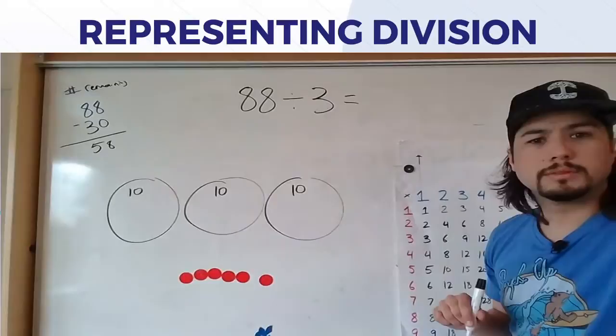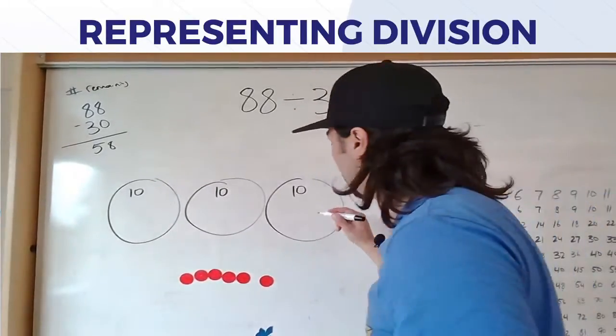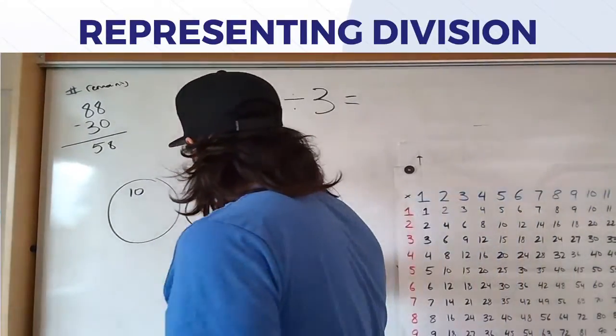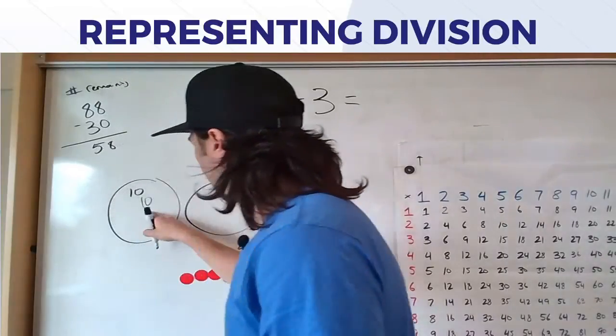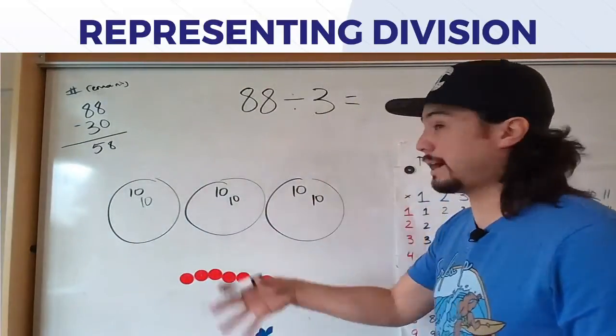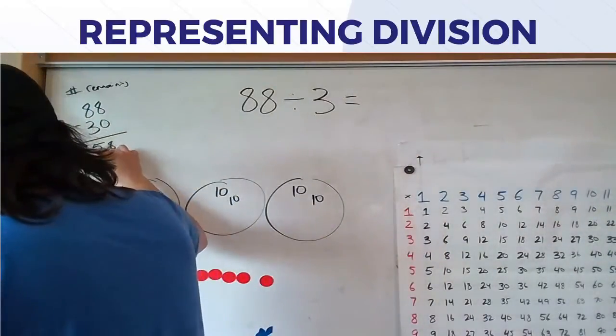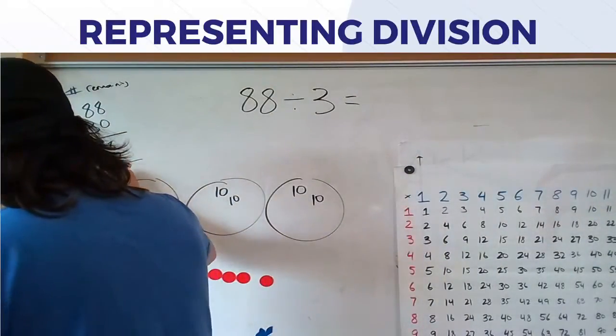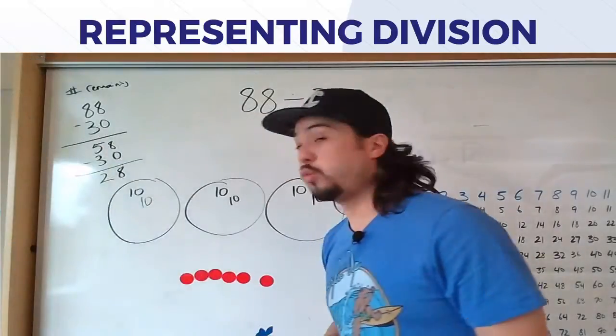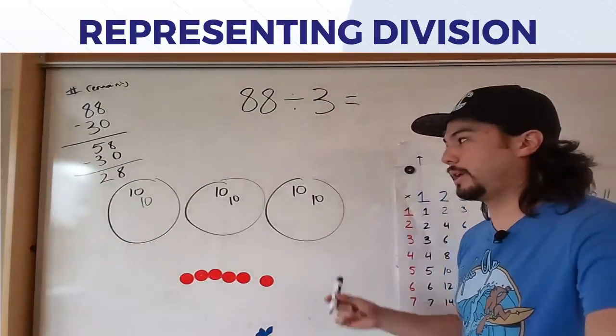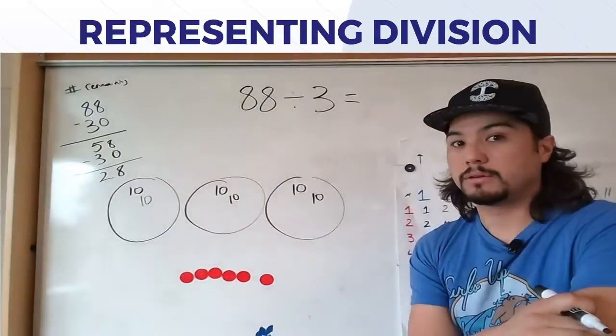Could we do 10 again? Sure, let's go for it. 10, 10, 10. So 10, 20, 30. We've now divided out 30 more. So let's subtract 30 more. And we're left with 28 remaining. Now, can I do 3 groups of 10 again?